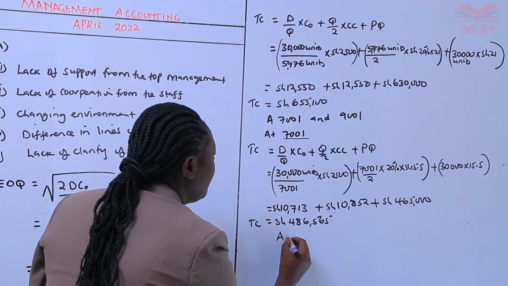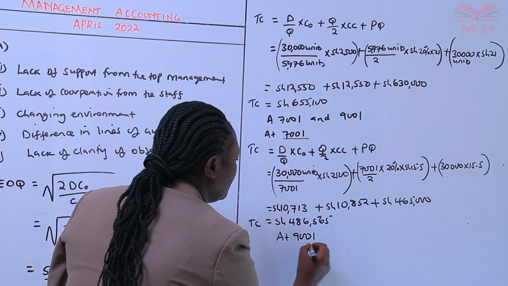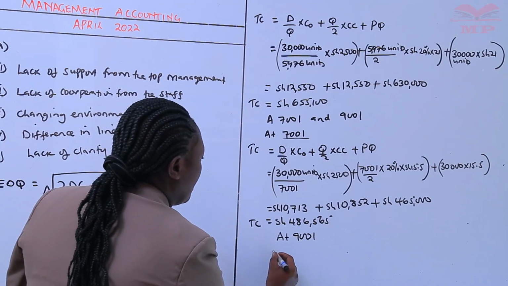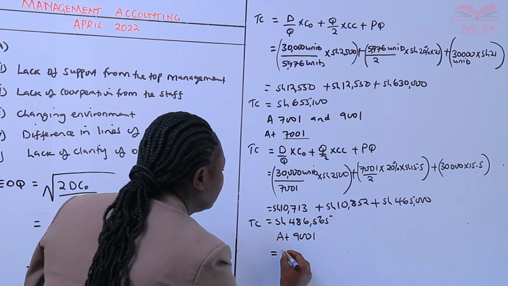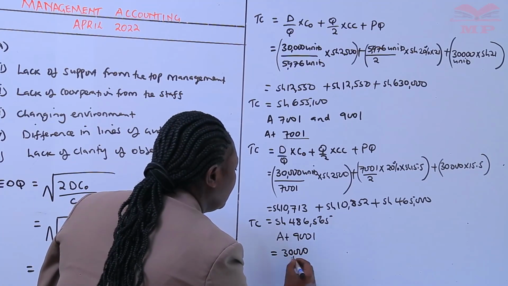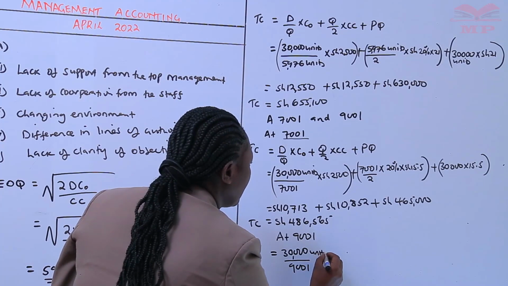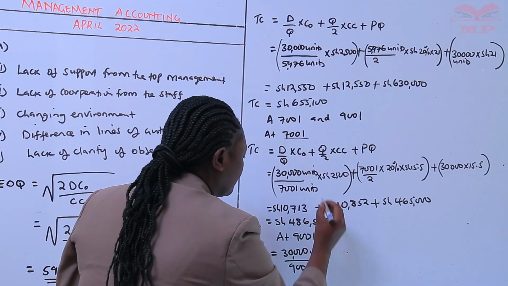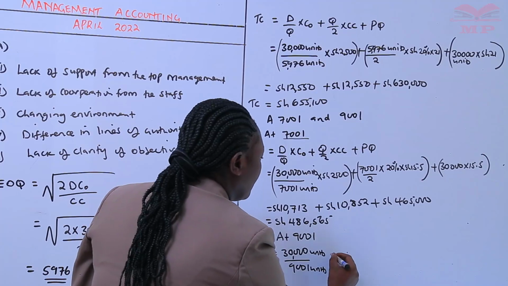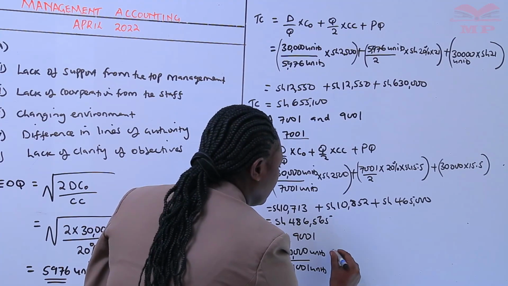We do again for 9,001. The quantity remaining, that's 30,000 over 9,001. These are units.